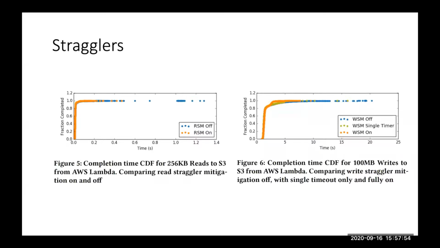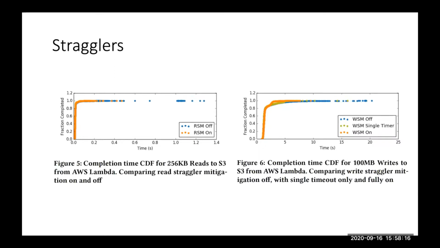And what that gives them is this straggler mitigation, and they're able to curb the tail latency to about less than 50% of what they had without the read straggler mitigation optimization.